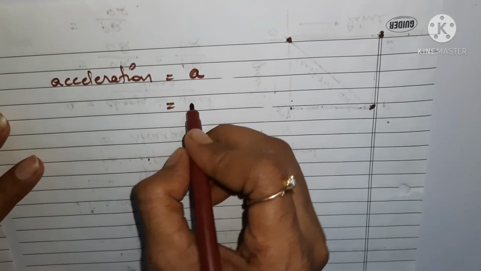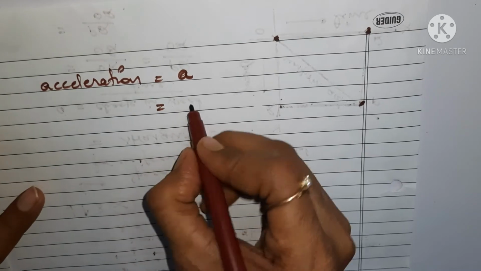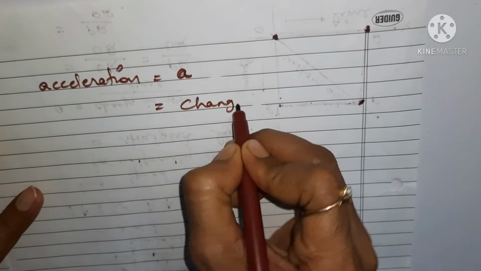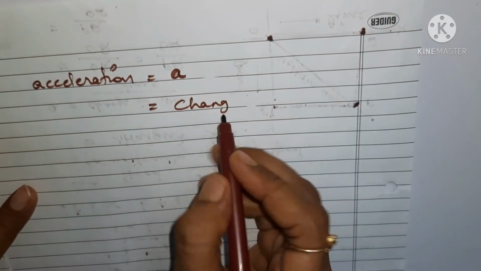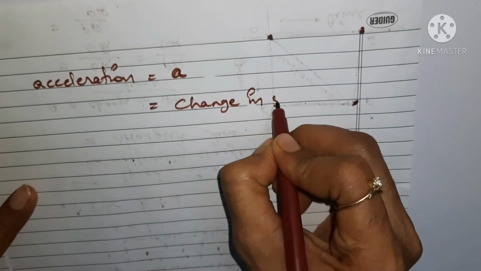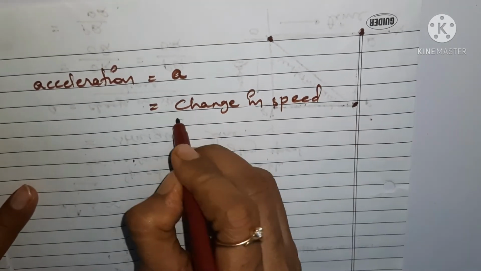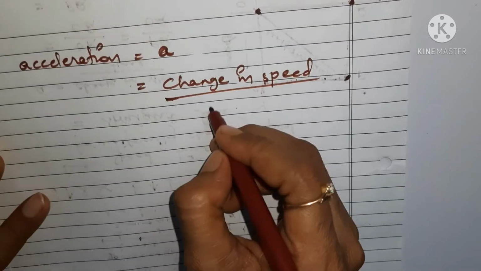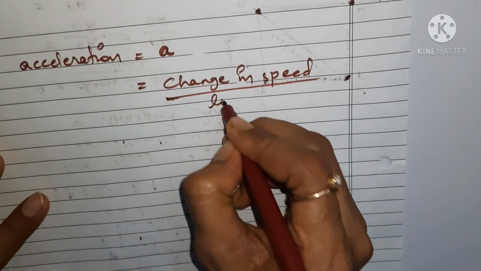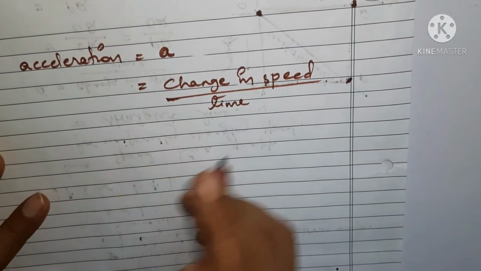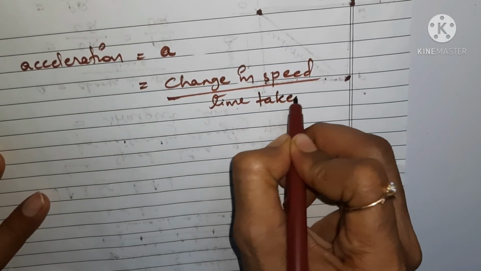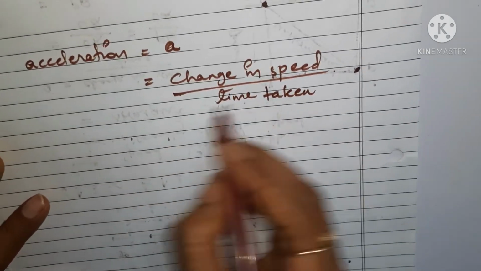As I have discussed already, it is the rate of change of velocity or rate of change of speed. So we can say change in speed with time, so time taken. So it is given by change in speed upon time taken.